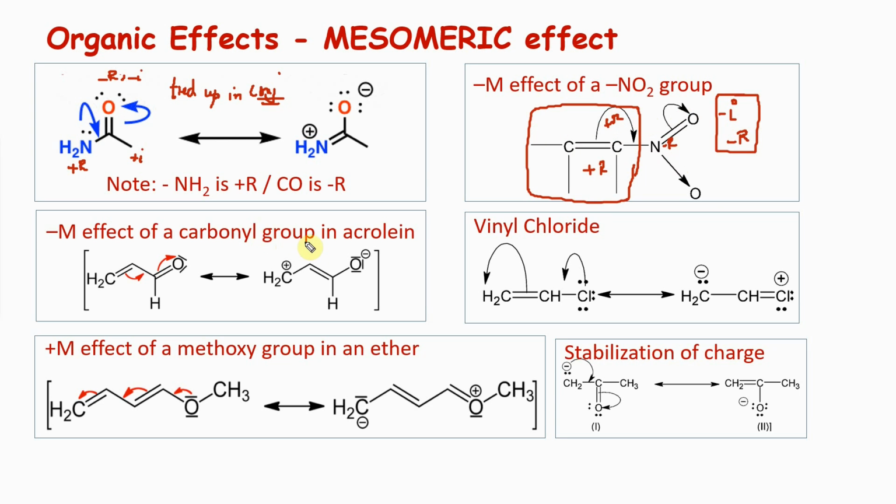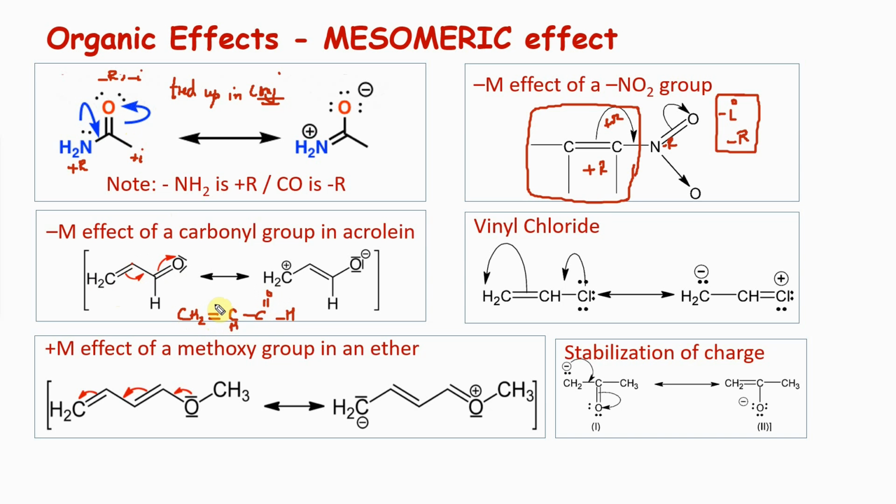Now let's go to the carbonyl group in acrolein. Acrolein is this molecule, CH2 double bond, this carbon is here, then I'm going to draw this carbon, C double bond O H. This is acrolein. 1, 2, 3, so there is a CH here.